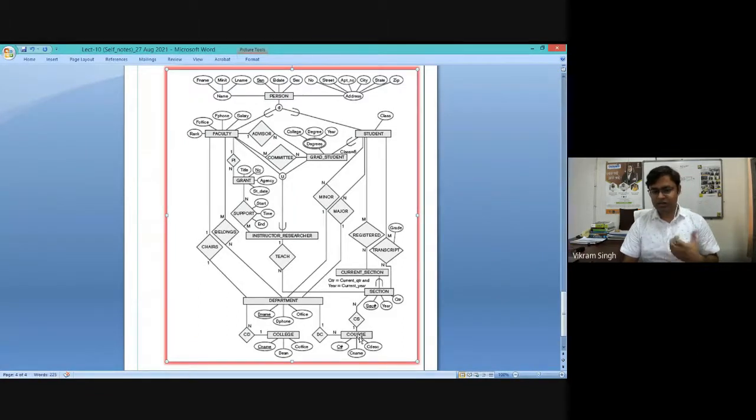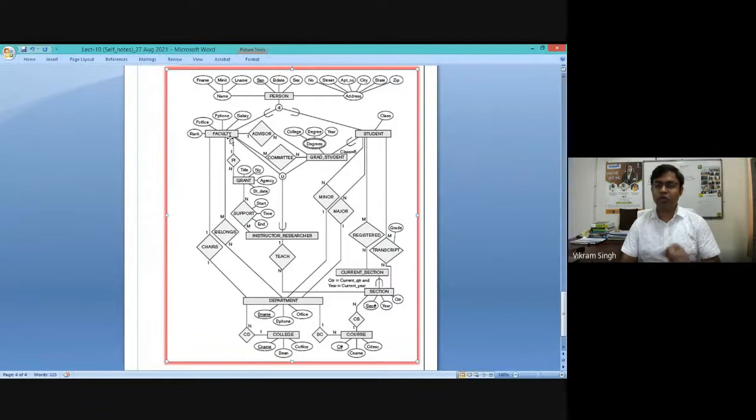So you see that these 3-4 base entities have been defined in the basic ER diagram. Now, where is the possibility of extension of the ER diagram into a more detailed or more simplified view? So now you can see the person entity is further specialized into faculty and student.